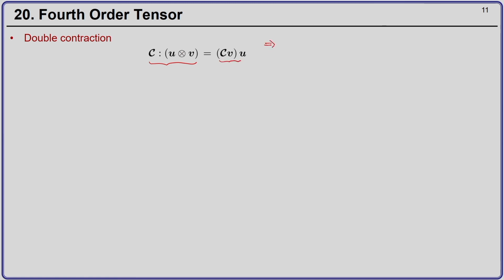So, in index notation, the way I will write is C_ijkl, four indices because it is a fourth order tensor, and because there is a double contraction, the last two indices k and l will be same for the second order tensor, which will be u_k v_l. So, this is nothing but C_ijkl v_l u_k, and this is in direct notation C v.